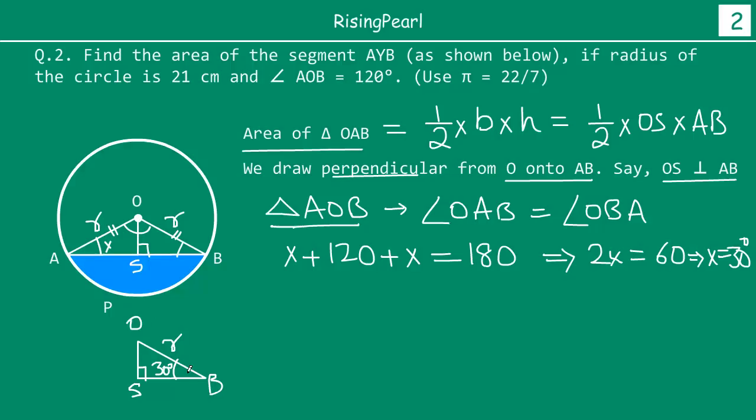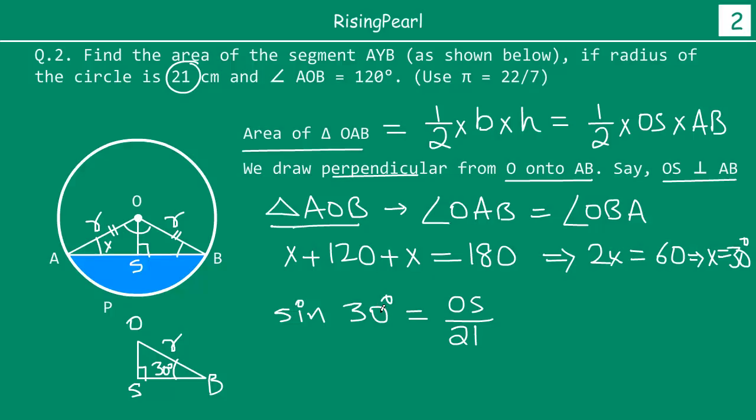Now we can apply trigonometric ratios, because we have to find out OS and we have to find out SB. So what is the trigonometric ratio that involves the opposite side and the hypotenuse? It is the sine. So sine 30 degrees, meaning sine of this angle, can be written as OS divided by OB, and OB is the radius, which is 21.